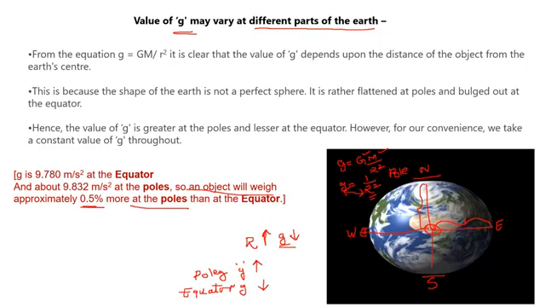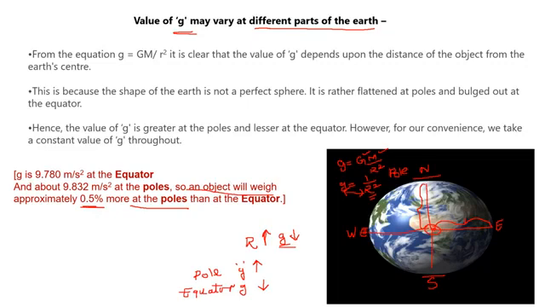So gravitational pull is more at the pole, definitely the weight of an object is more at the pole, because we still have to do weight, children. So I'll just do a little correction over here. Weight is a quantity which depends upon the gravitational pull of the earth.